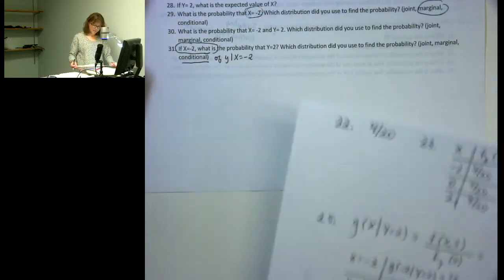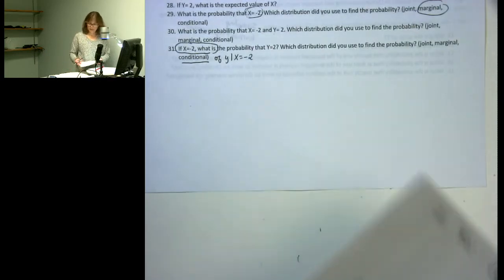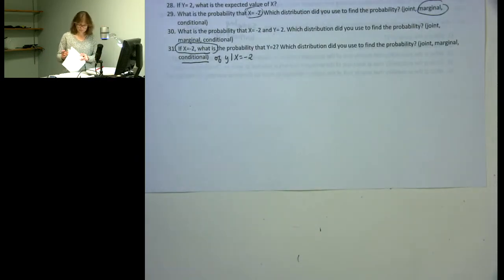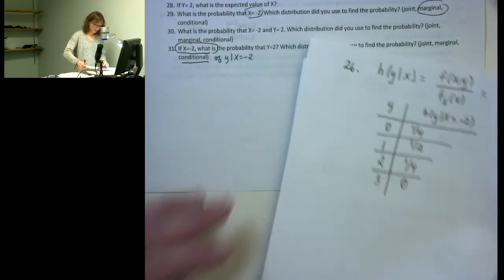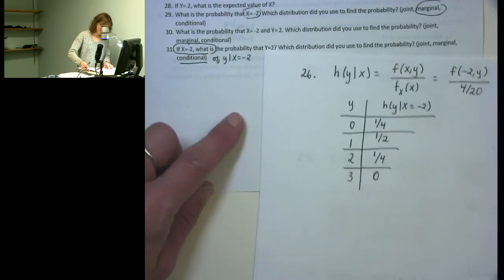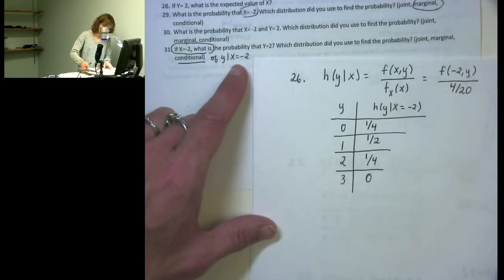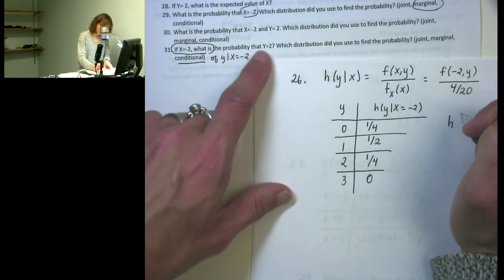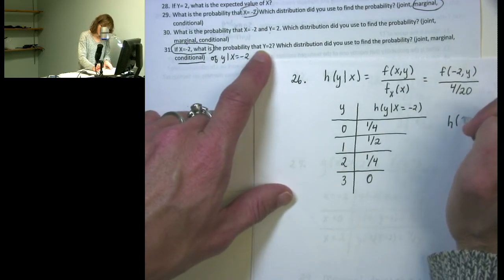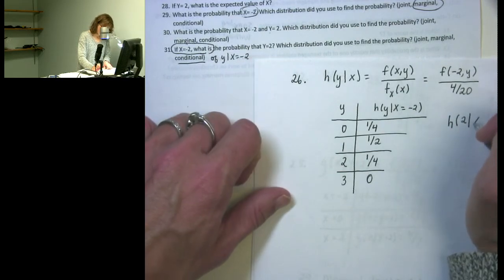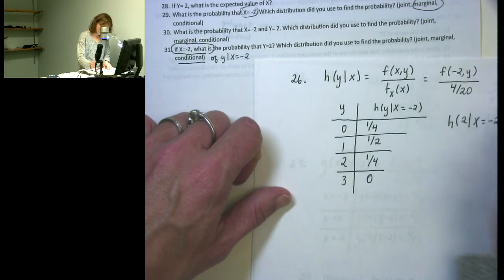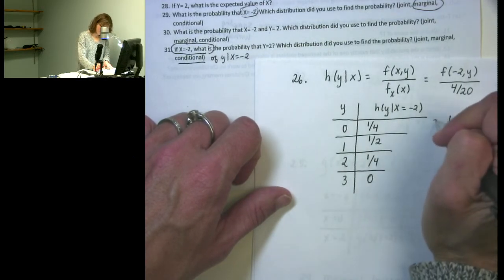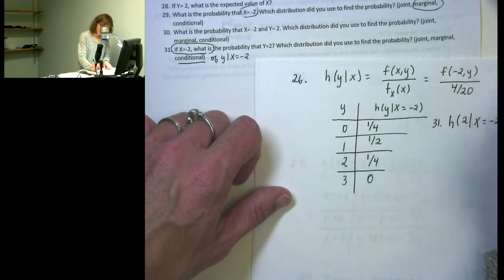Once again, I have that distribution here somewhere. Here it is. What I'm looking for is h of 2 given x is equal to negative 2. This is for 31. So I'm using this conditional distribution.